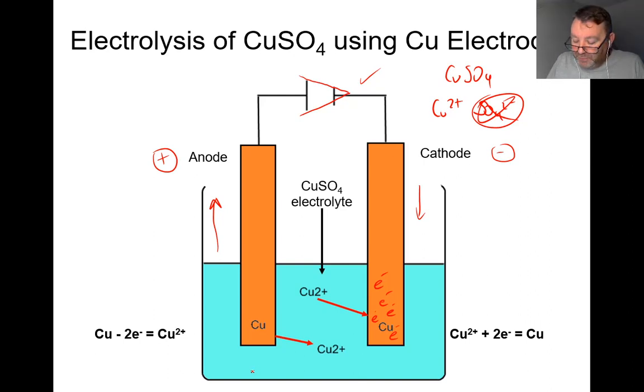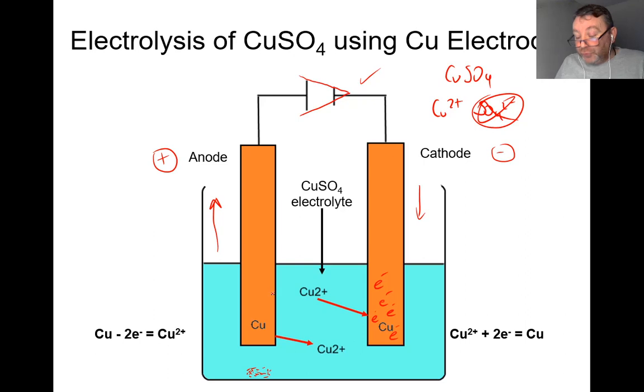And you'd notice the impurities, if there were any impurities present, the impurities would begin to build up down here. Whereas pure copper metal would begin to stick to the outside of this cathode, increasing its mass. Now the lovely thing to say here is, if you were to run this for half an hour, this would more or less wear away. This would become very, very big in size, but the total mass of the entire system would remain exactly the same.